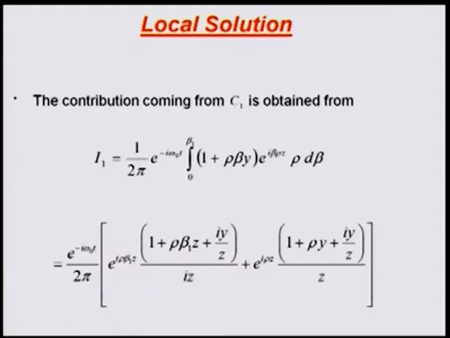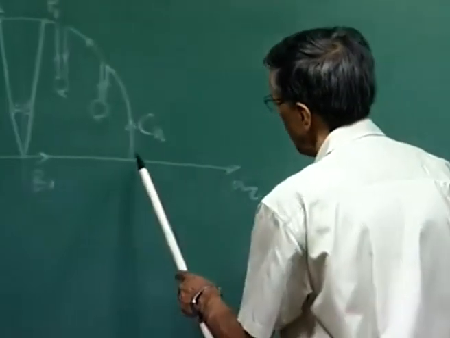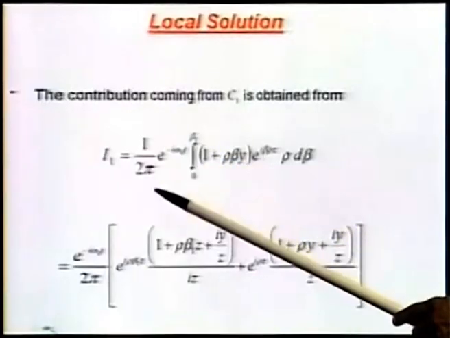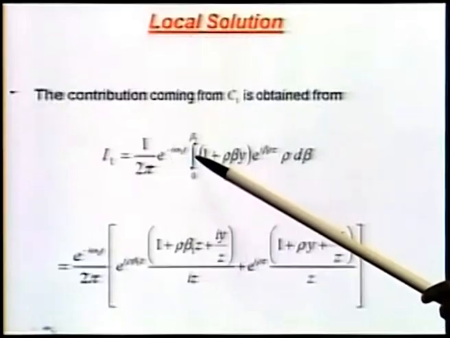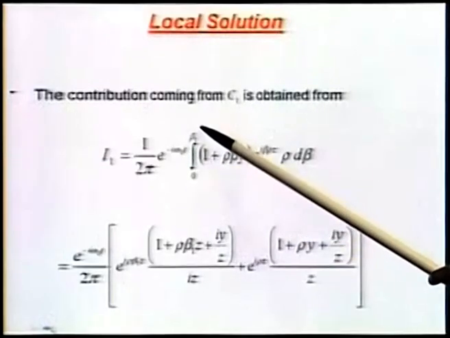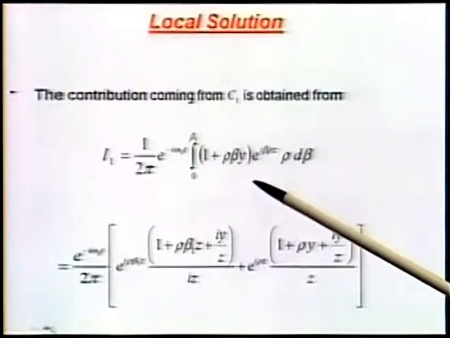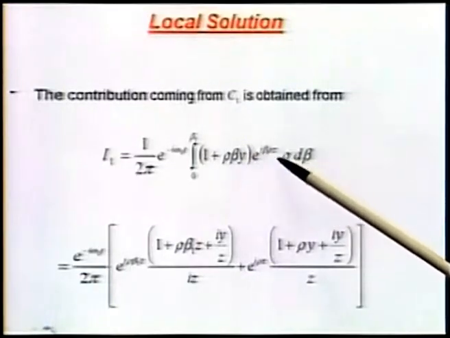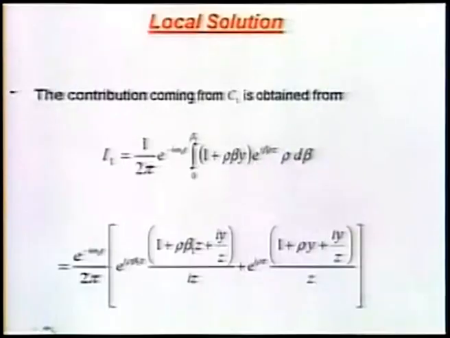The first component I1 would come from this point to P1. That's what we are doing. So 1 over 2 pi e to the power minus i omega naught t, performing the integral from 0 to beta 1. And this is your value of alpha, (1 plus rho beta y) e to the power i beta rho z. And d alpha becomes this. d alpha is nothing but rho times d beta.